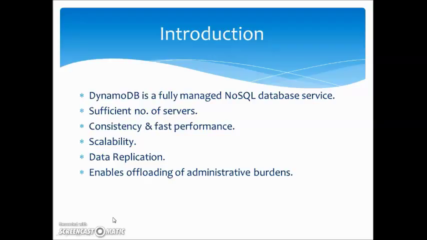Data is automatically replicated across multiple availability zones in a region to provide built-in high availability and data durability. DynamoDB will enable the customers to offload the administrative burdens of operating and scaling the distributed databases to AWS, so they don't have to worry about hardware provisioning or setup and configuration or replication or software patching or cluster scaling.